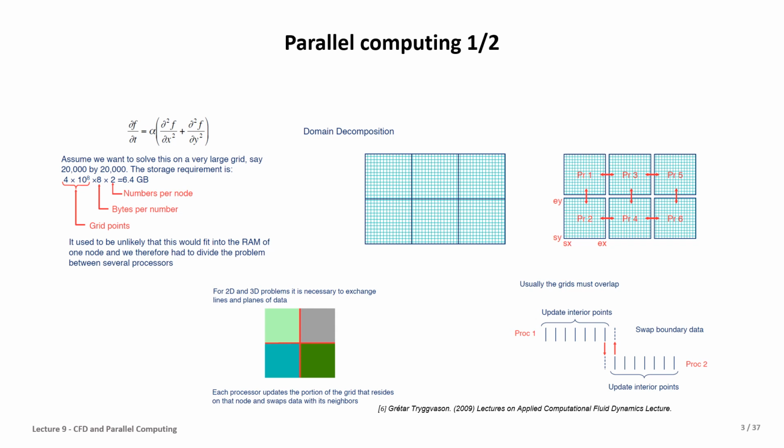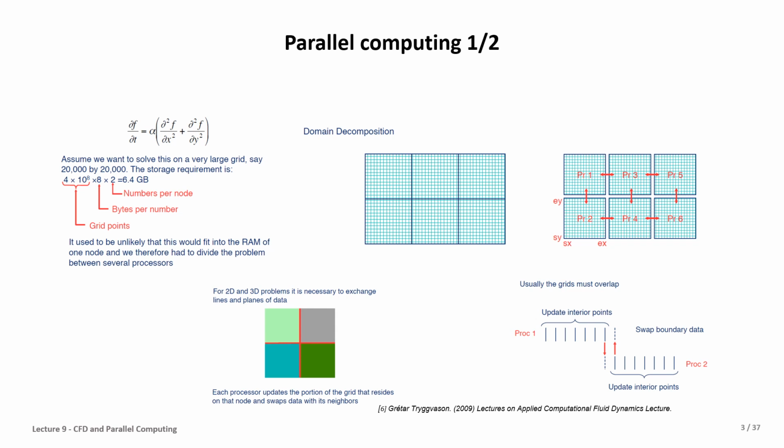As you can see here, the domain is decomposed between 6 processors: processor 1, 2, 3, 4, 5, and 6. About the subdomains between the processors, we need to pay attention that usually the grid must overlap.